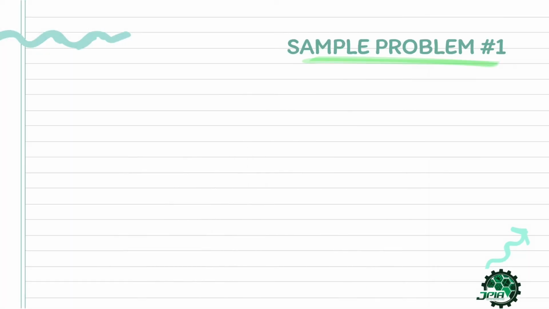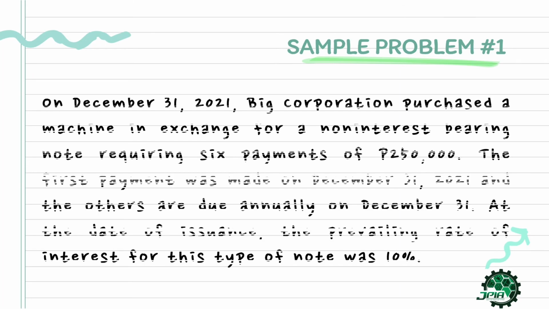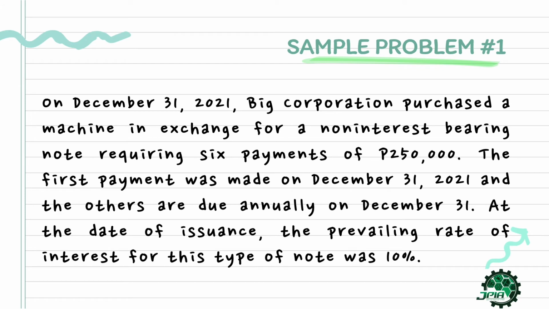Let's proceed to the sample problems para mas lalo nyo maintindihan ang topic na to. So for our first problem, on December 31, 2021, Big Corporation purchased a machine in exchange for a non-interest-bearing note requiring 6 payments. Tandaan nyo, 6 payments of 250,000 pesos each.